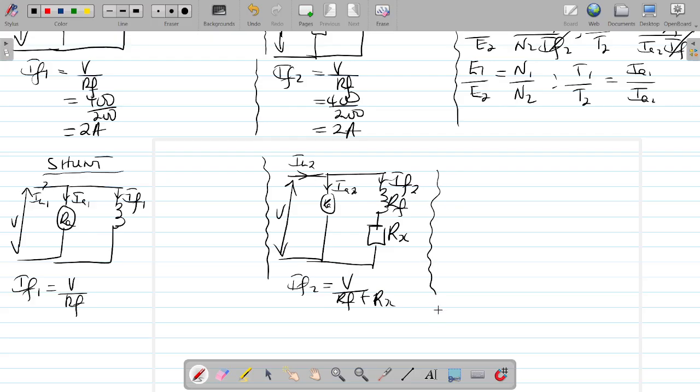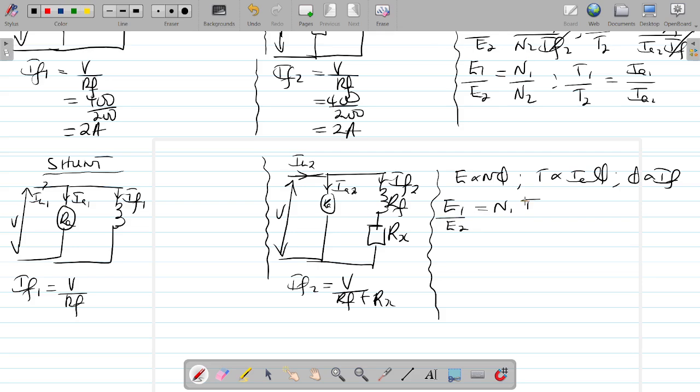With this scenario, the principle is EMF is proportional to speed and flux, torque is proportional to armature current and flux, but flux being proportional to the field, this formula then works out very well.